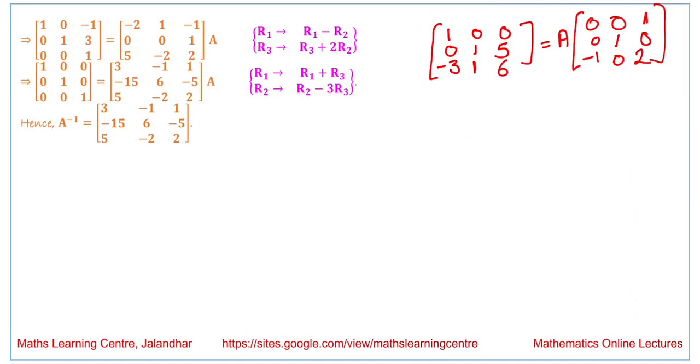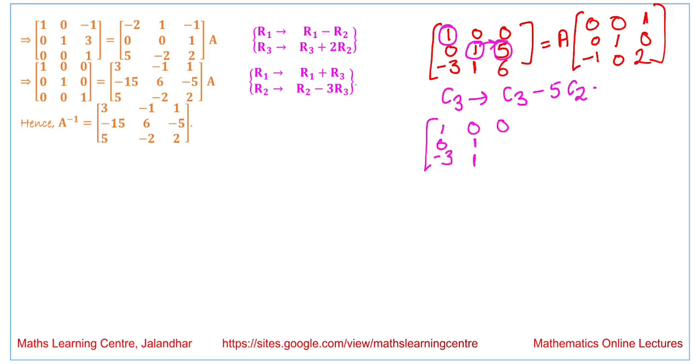Now we have obtained this 1 over here, we have 1 over here. Now with the help of this 1, we want to make this 5 into 0. So we perform the operation column 3 approaches column 3 minus 5 times column 2. The first column will remain as it is. It is 0 1 1, this is 0, we are making this element 0, it is C3 minus 5 times C2.